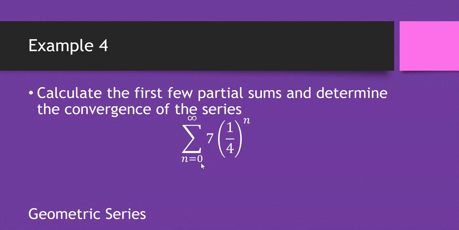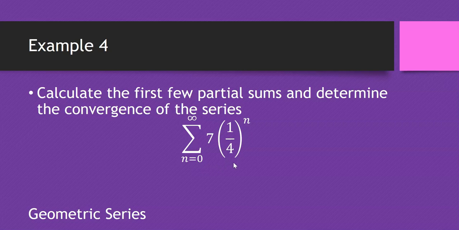Apologize. I just caught that I started my count at 1. It turns out with geometric series, a lot of times I want to start my count at 0. So here's what I'm going to do. Instead of starting my count at 1, I'm going to start my count at 0.